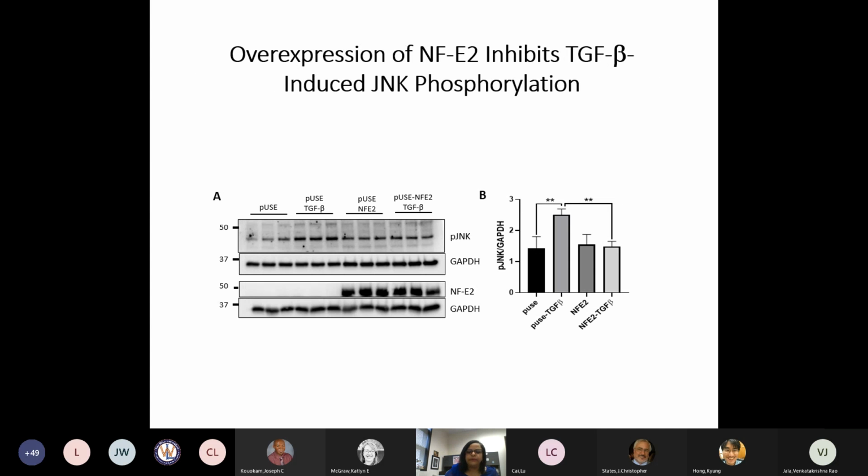Having shown that NFE2 overexpression and underexpression regulated CTGF, and that ERK and P38 MAP kinase pathways promoted its degradation, we next wanted to examine the effect of overexpressing NFE2 in the kidneys of diabetic mice.